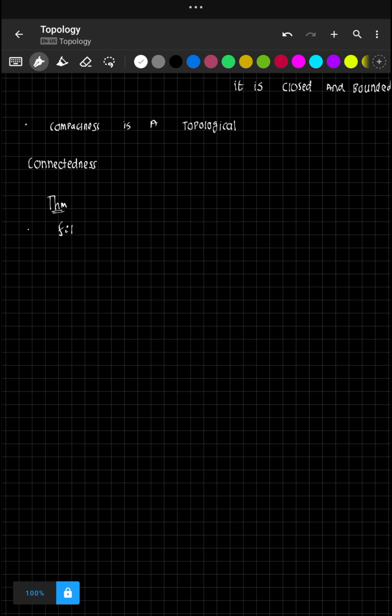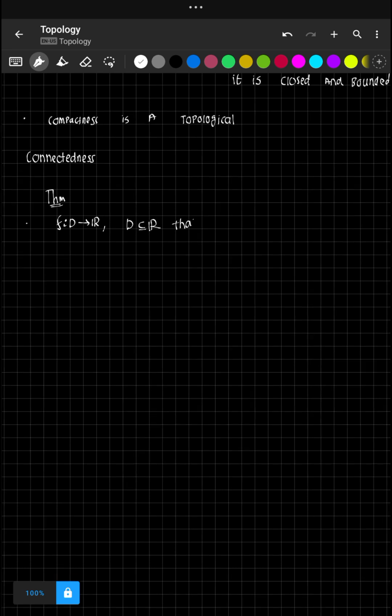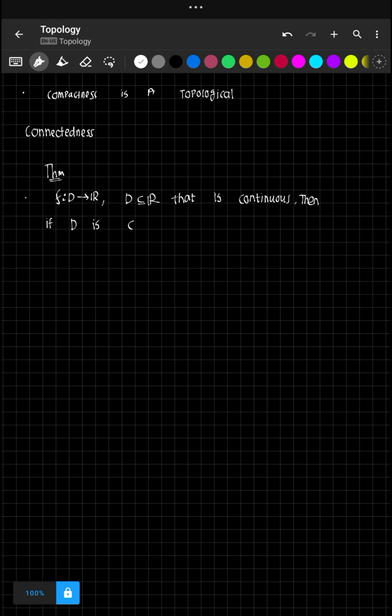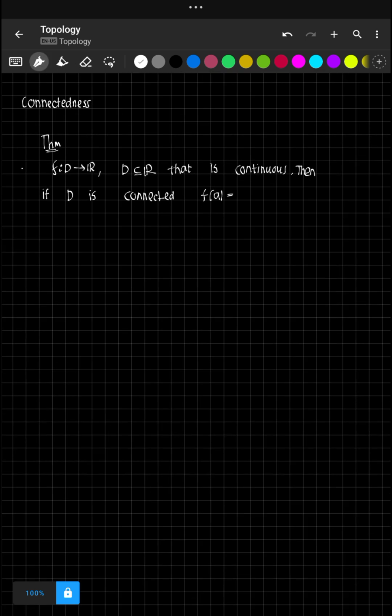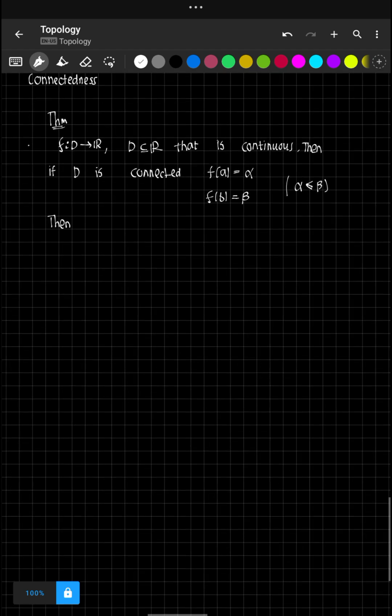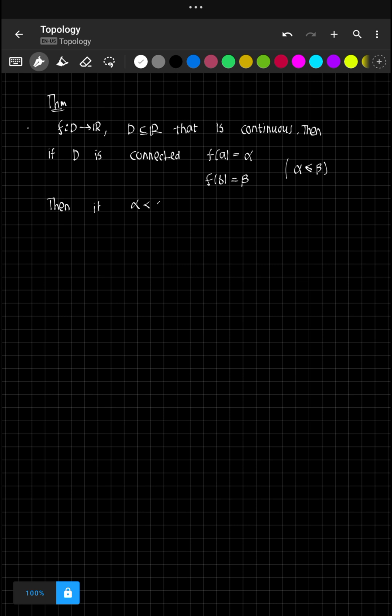It says that if a function f from D to R, where D is a subset of R, is continuous, and D is connected, with f(a) = alpha and f(b) = beta, suppose alpha is less than beta, then if c is between these two, there exists a gamma belonging to D such that f(gamma) = c.